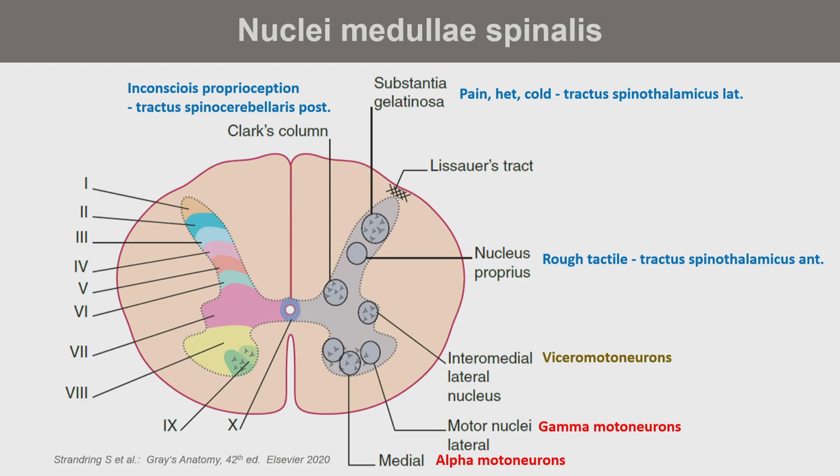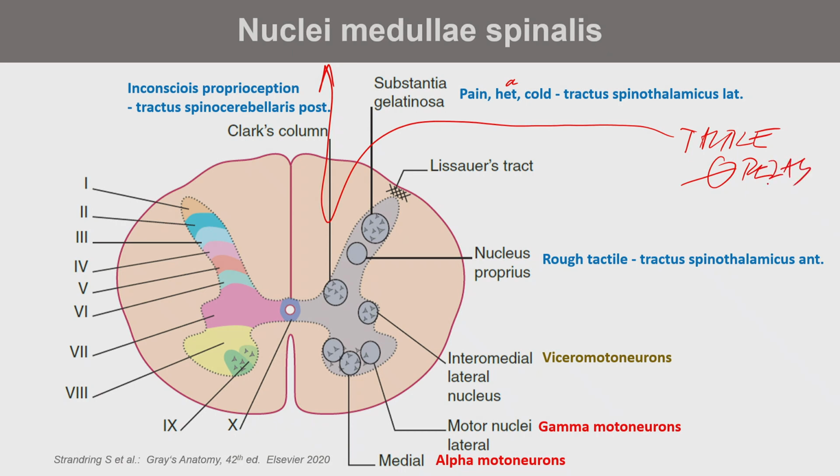So what is the relay in the spinal cord? For us it's important that the way of tactile has no relay in the spinal cord. The first relay is in the medulla oblongata, where is nucleus gracilis and cuneatus.